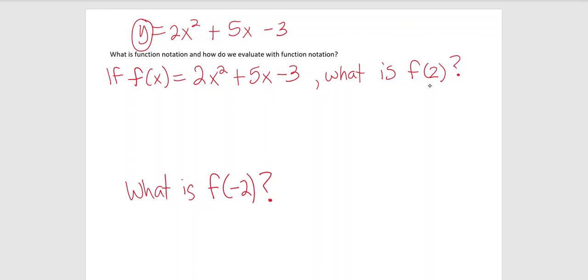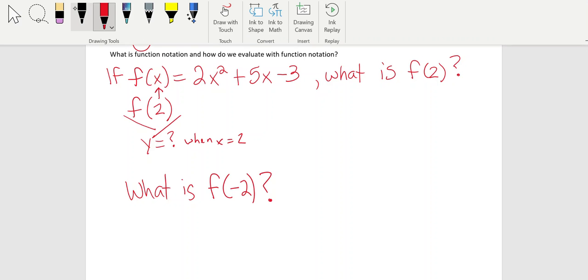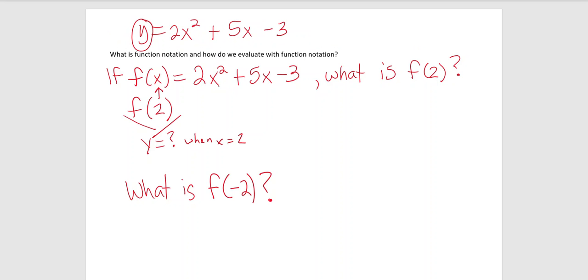We can evaluate when we ask what is f of 2. We're saying what is the answer for y? What does y equal when x is 2? So that just simply means, hey, where you see an x, put a 2 and then evaluate, do the math. So wherever I see an x, I'm going to put a 2. So 2 times 2 squared plus 5 times 2 minus 3.